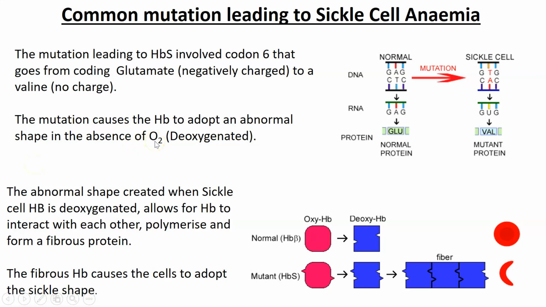When oxygen isn't bound, rather than existing as individual units of structure, the hemoglobin starts to bind to each other to form a fibrous protein. That fibrous hemoglobin causes the red blood cell to adopt this sickle cell shape. So it can't produce this nice rounded semi-concave shape, but rather this sickle shape, which is not very effective in absorbing, binding and releasing oxygen.